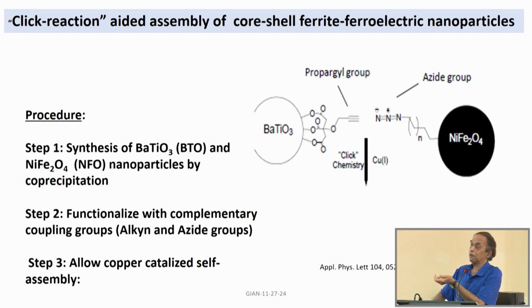The key is, if you assemble a core-shell particle, you have to make sure that it is stable at room temperature, because everything in the universe has a finite energy, called thermal energy. Anything at room temperature will have kT, where k is the Boltzmann constant.